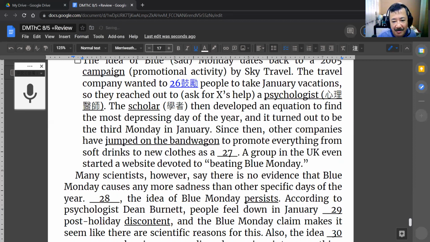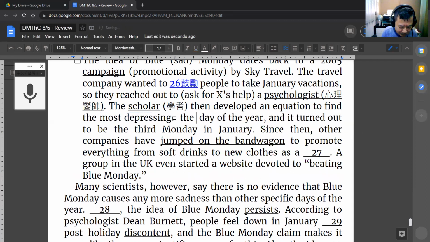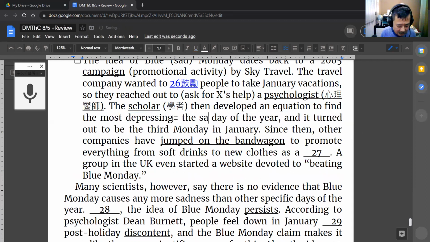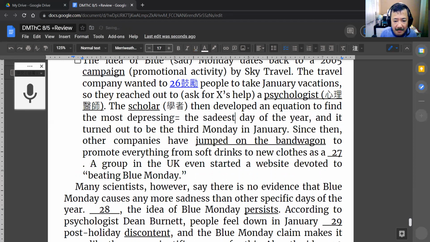So the scholar then developed an equation to find the most depressing day of the year, the saddest day of the year. And it turned out to be the third Monday in January.